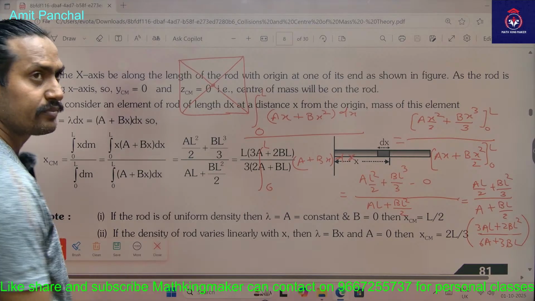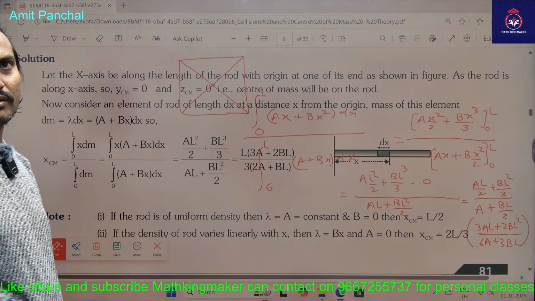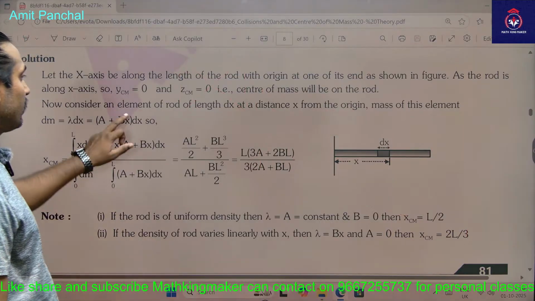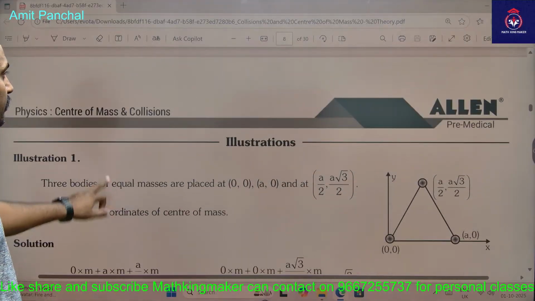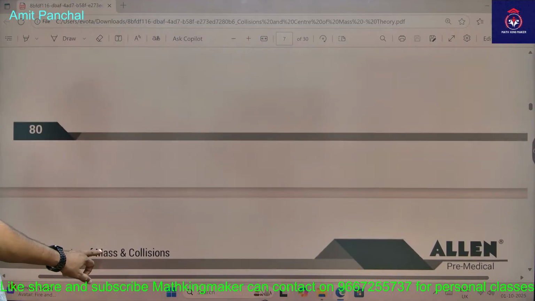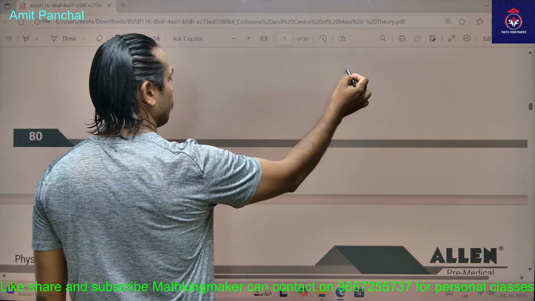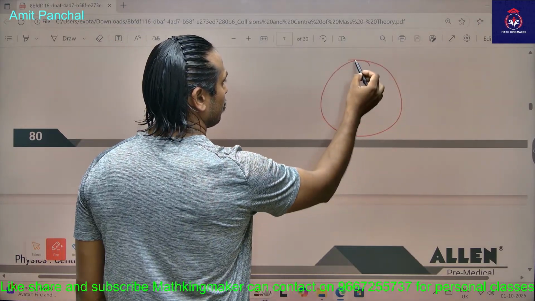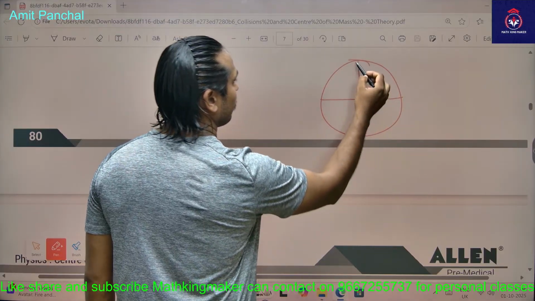Can you explain for a quarter circle or a half circle? Quarter ring, sorry. It will be different, because I told you yesterday, if it is a quarter circle, let us say this is your circle, and you have taken this part away.